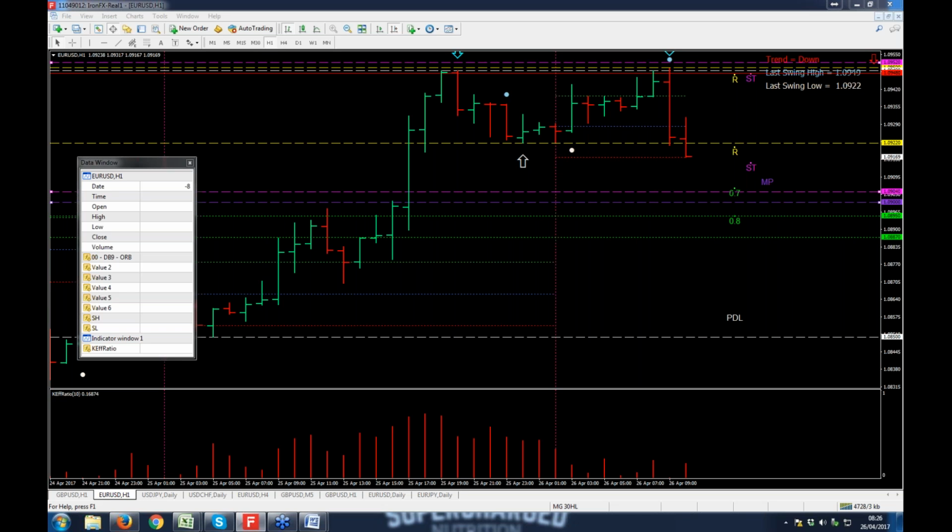For example, the dollar, Japanese yen, or any yen-related pairs generally have their moves much earlier in the day. And so the majority of their range is actually already formed even before 8 a.m. You can see even this morning here on the dollar, Japanese yen, it's already done a 57 pip range.